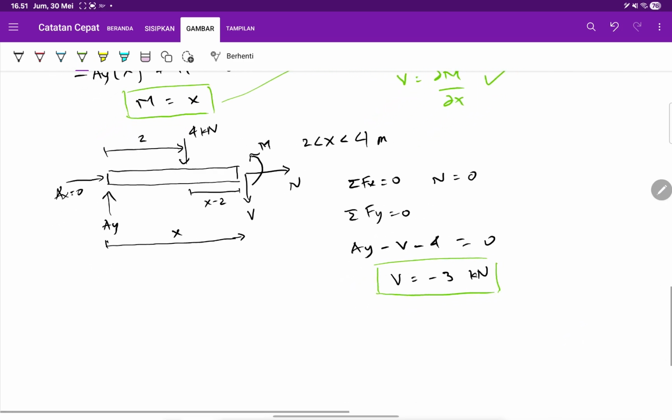Okay, and now let's do the moment. Yes, sigma moment at the sectioning point equals 0. This is the sectioning point.